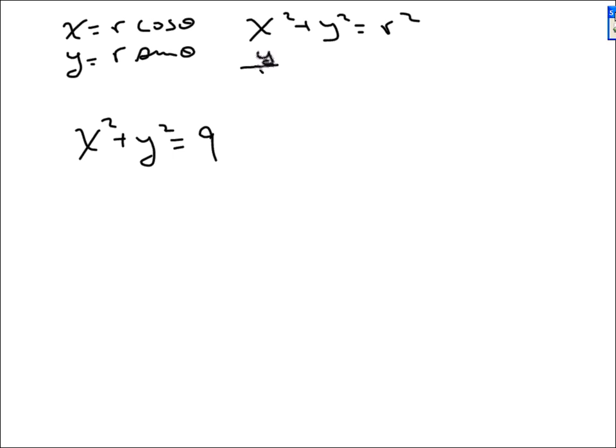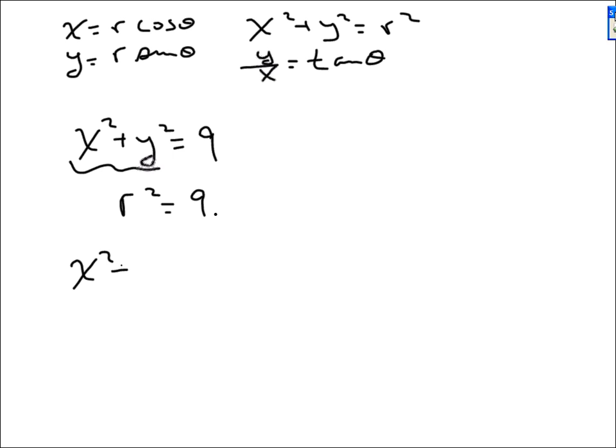And y over x is tangent of theta. Well, that's r squared. r squared is 9. There it is. Done.